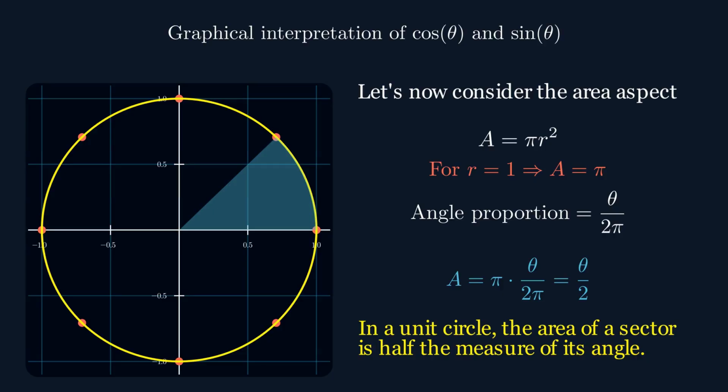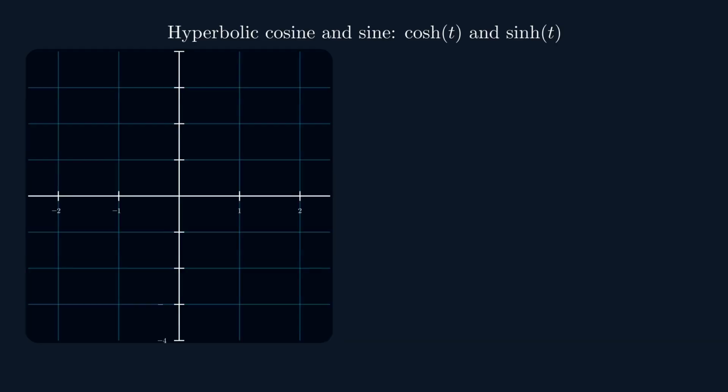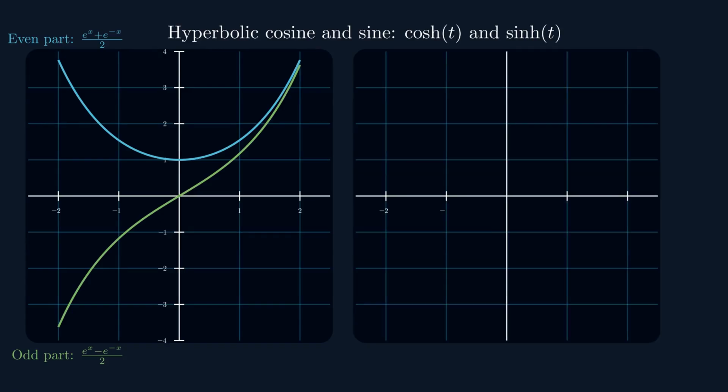Now let's do a similar experiment for the exponential function. If we consider the even and the odd part of the exponential function and plot them in the graphic as x and y coordinates of some points, so that the x-axis represents the even part and the y-axis the odd part, something really interesting happens.